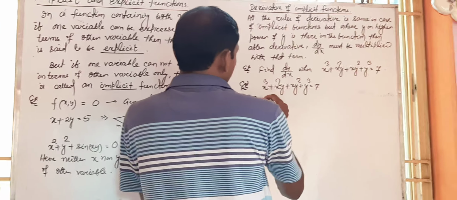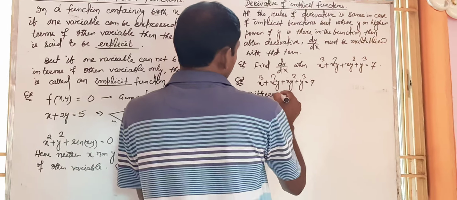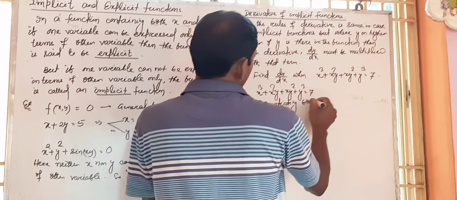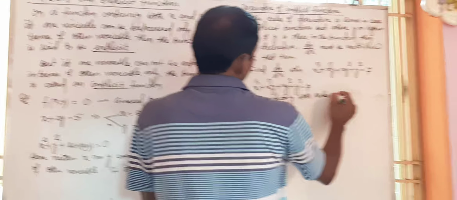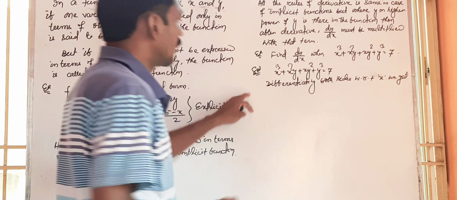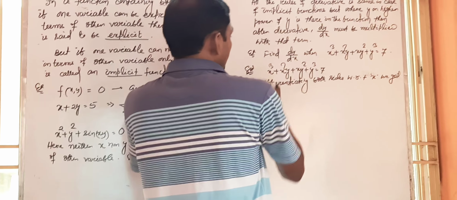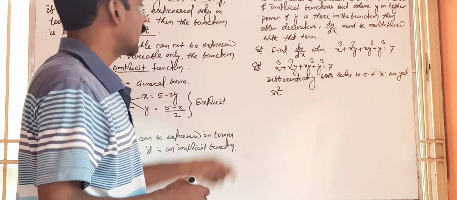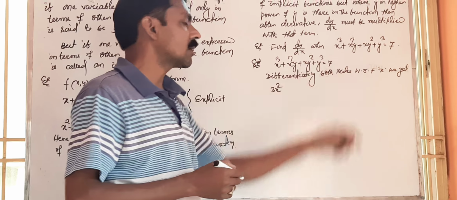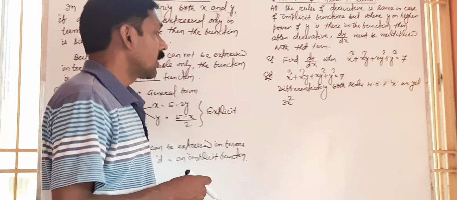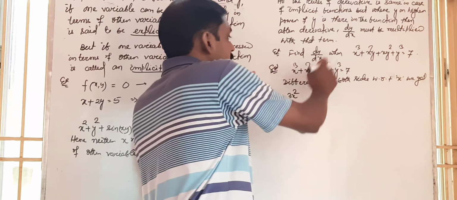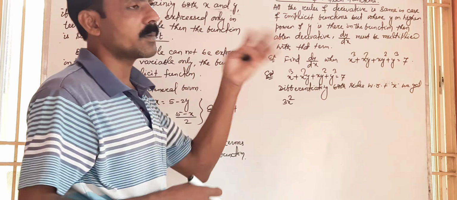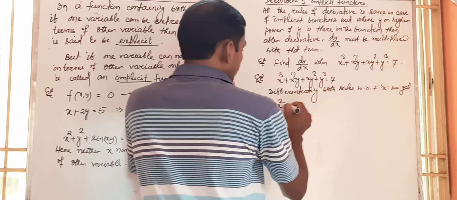Now you write, differentiating both sides with respect to x, we get, derivative of x cube, it will be 3x square.